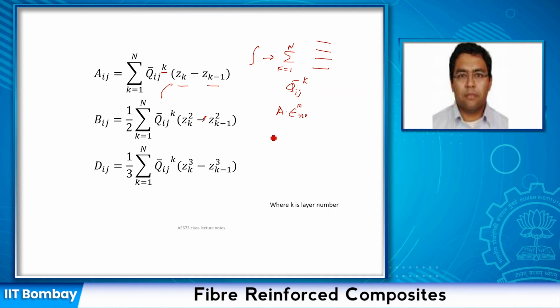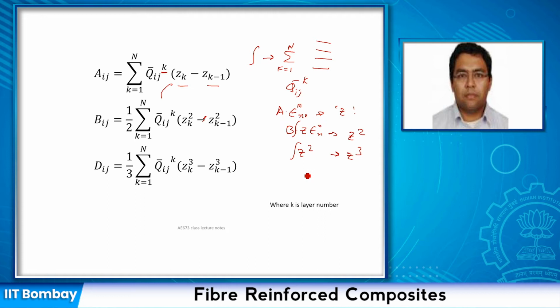Now in case of B matrix, this is the term which is multiplying the z epsilon 0 term inside the integral. That is why when it comes out, it becomes z square. This one was just epsilon 0, so it comes out, you have a multiple of z here. Now this is z square, and the last one was already a quadratic inside the integral, so when you integrate it out, it becomes a z cube term.